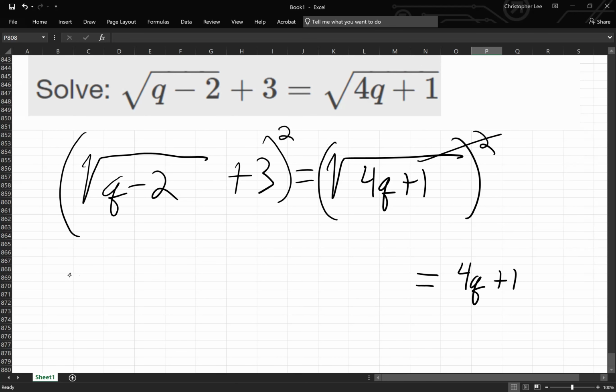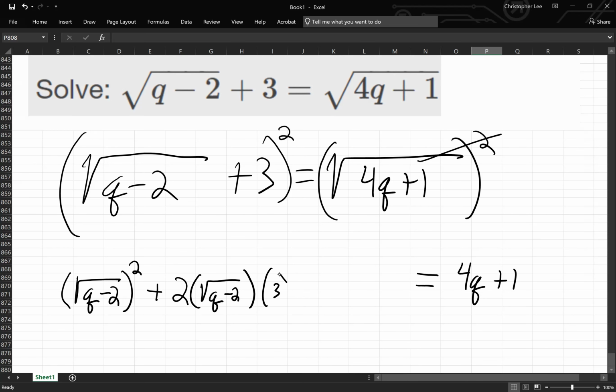So for the square pattern, I have square root of q minus 2, squared, plus 2 times my a, which is square root of q minus 2, times my b, which is 3, plus 9.